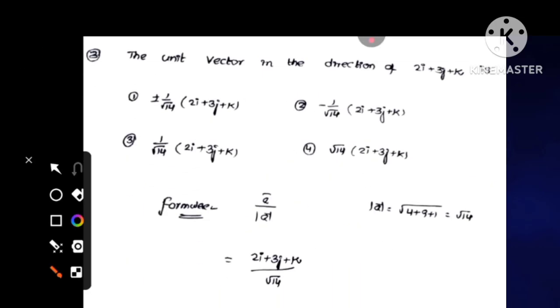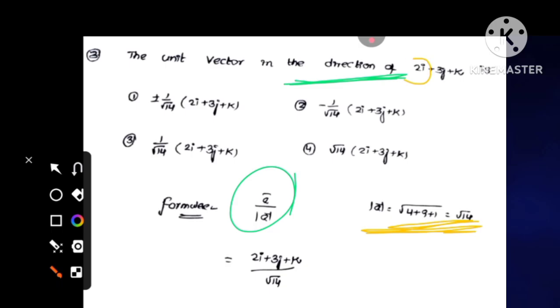But here in the direction means we consider the same direction. Then you take the formula A bar by mod A bar only, and here also first find the mod A bar value, that is 2 square is equal to 4, 3 square is equal to 9, 1 square is equal to 1. So finally you get root 14.